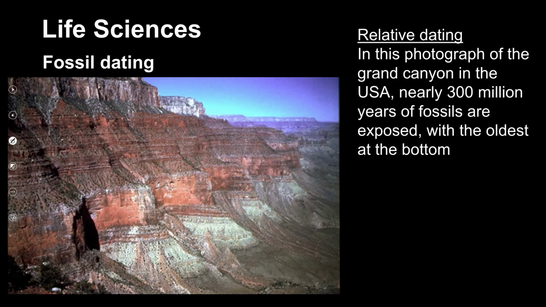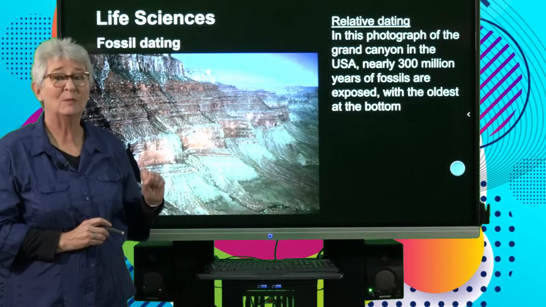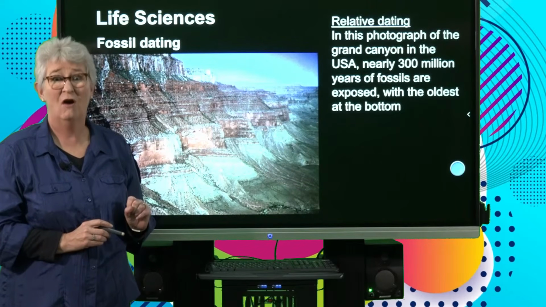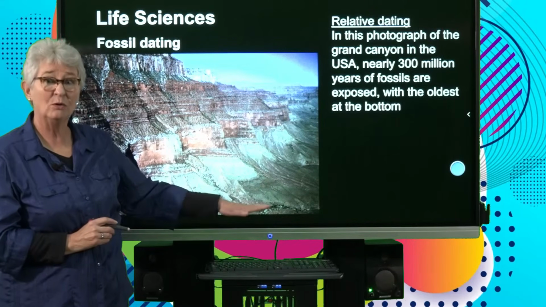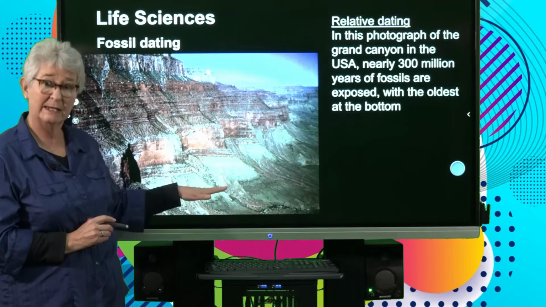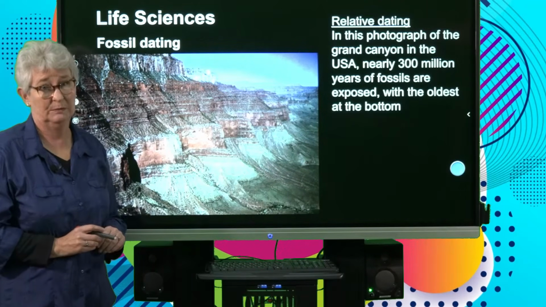And this is a picture of the Grand Canyon in America, and the Grand Canyon, from top to bottom, lays open 300 million years of fossils. And the oldest fossils would be right at the bottom in these white layers here, and the younger fossils would be closer to the top.